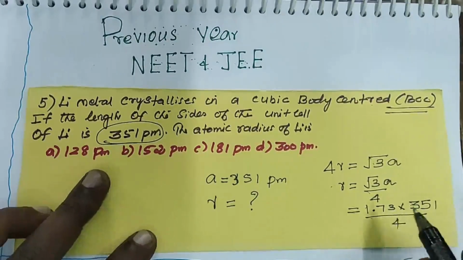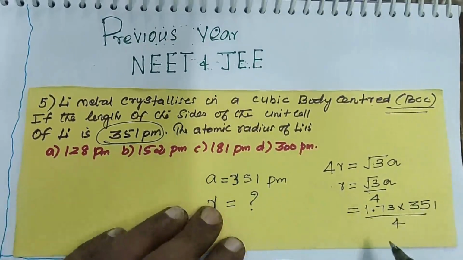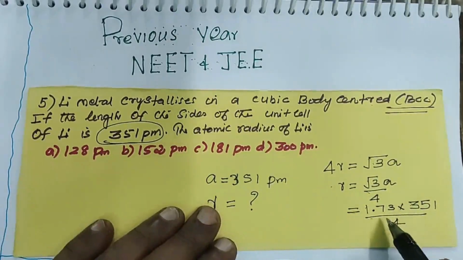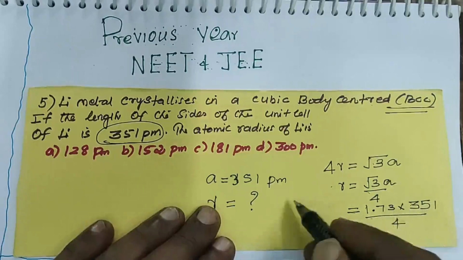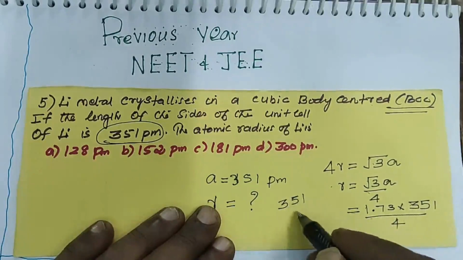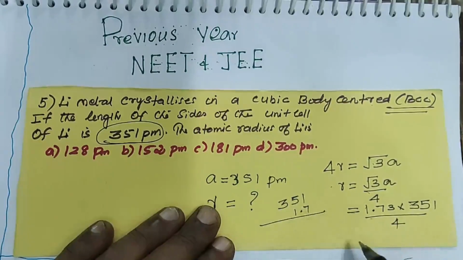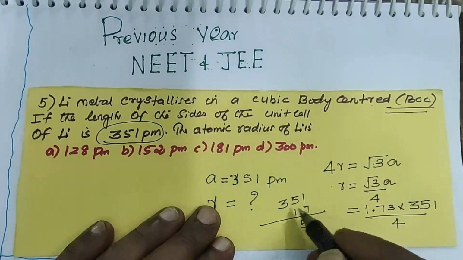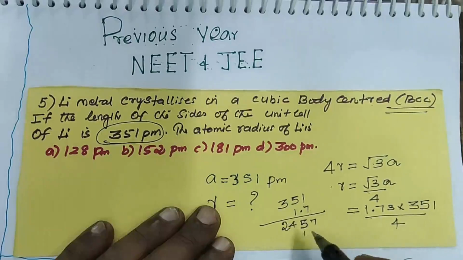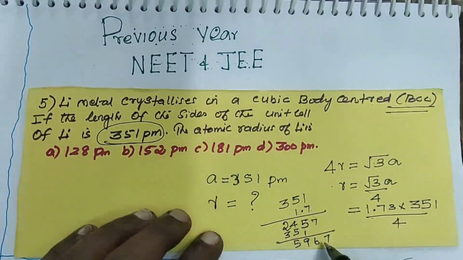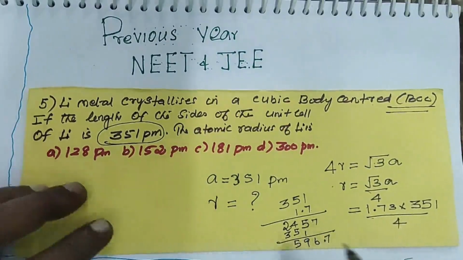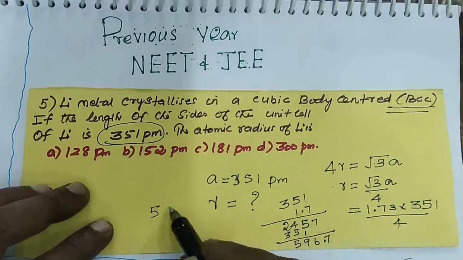So for calculation, instead of 1.73, 1.7 is taken. Not all the digits after the decimal are taken. It is very difficult to do the problem. So simply 1.7 into 351 gives 596.9, that is 597.